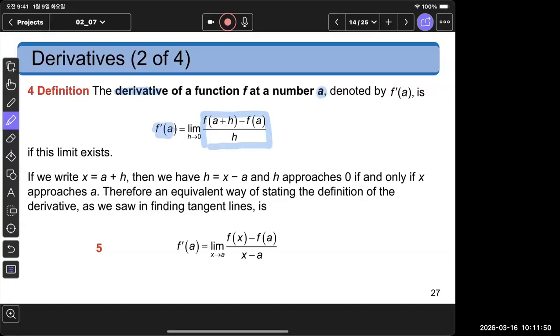Graphically this represents the slope of the tangent line, but in our calculus class we have a different name.